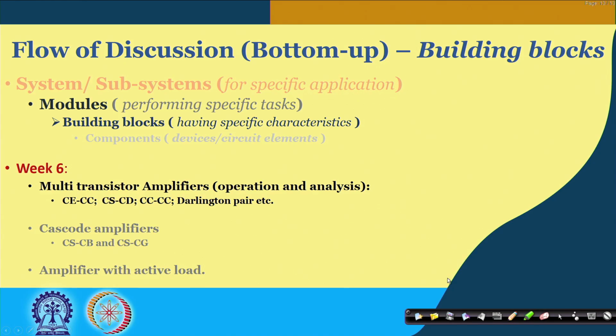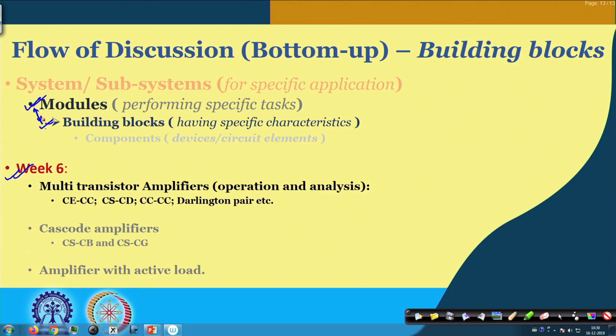But before going to the overall plan, let me see our alignment with the course layout. We are in week 6, and we are in between the block level and the module level. In fact, we will be moving back and forth here, so philosophically we can say these are building blocks or modules.